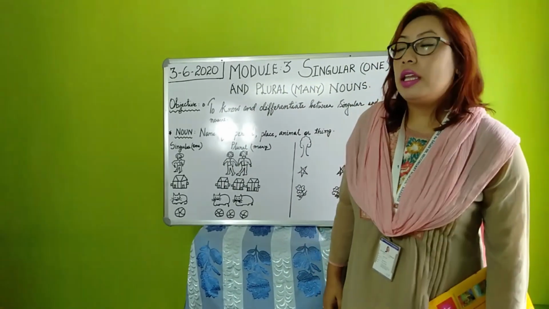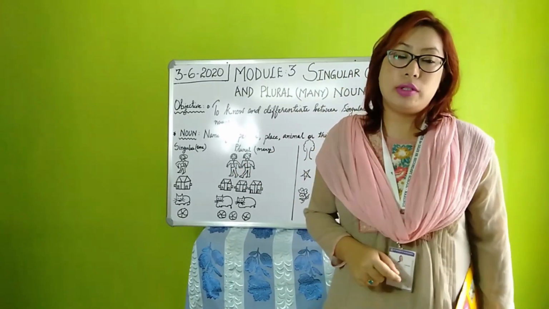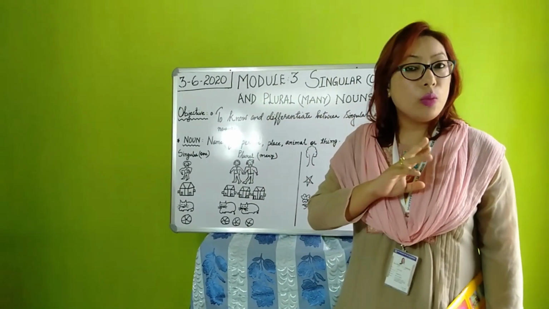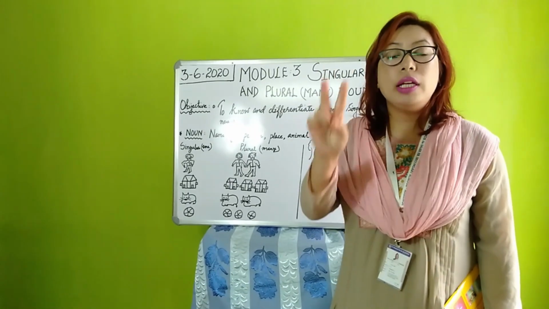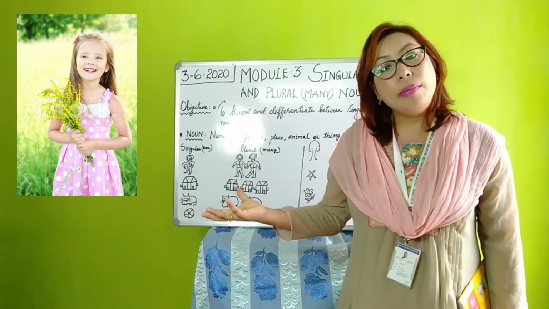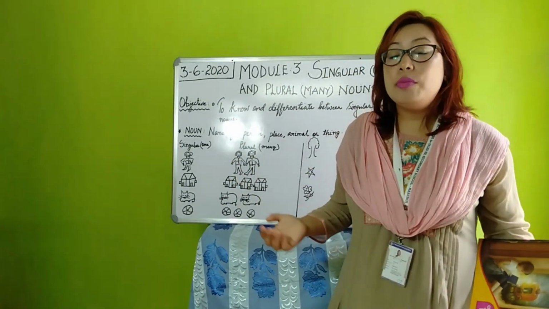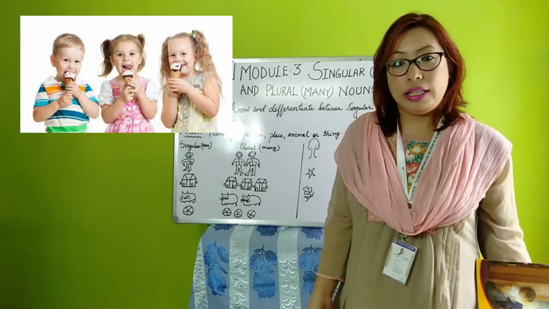Now, the common noun can be in two forms: either singular form, which means one, or plural form, which means many.